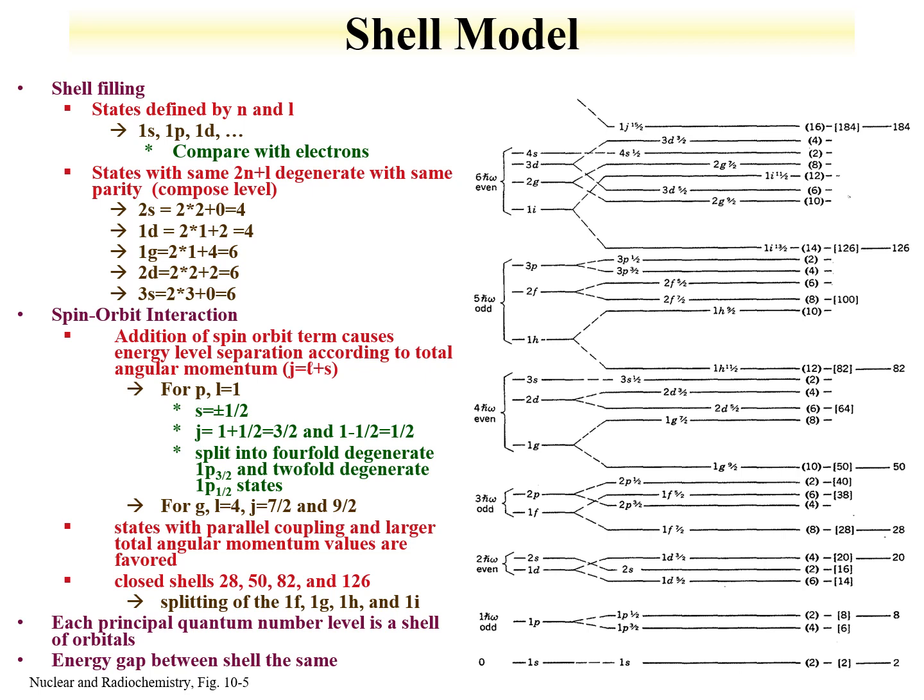The shell levels are filled based upon their relative energies, and we can define the states by two quantum numbers, n and l, n being a principal quantum number, l being angular momentum. And unlike electrons, nuclear states can have a 1p, a 1d, a 1f, a 1g.